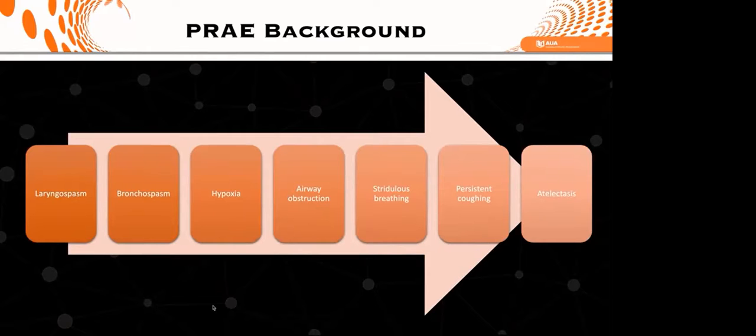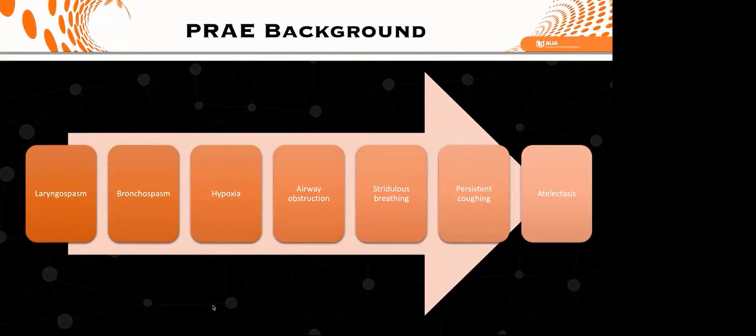Risk factors have long been known for PRAE, and these include having an intercurrent upper respiratory tract infection, respiratory past medical history such as asthma, COPD, chronic lung disease, and having a history of atopy. The prevalence of PRAE is thought to be 8 to 15%.